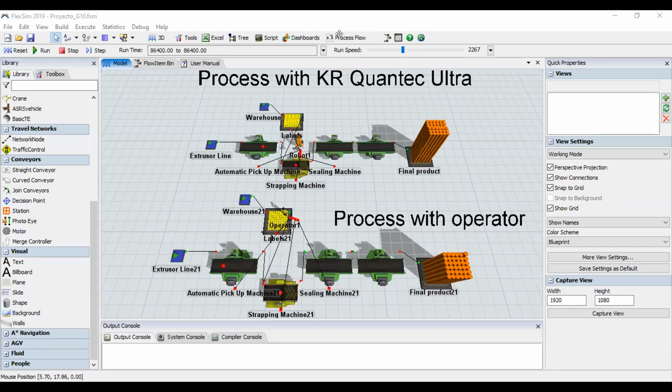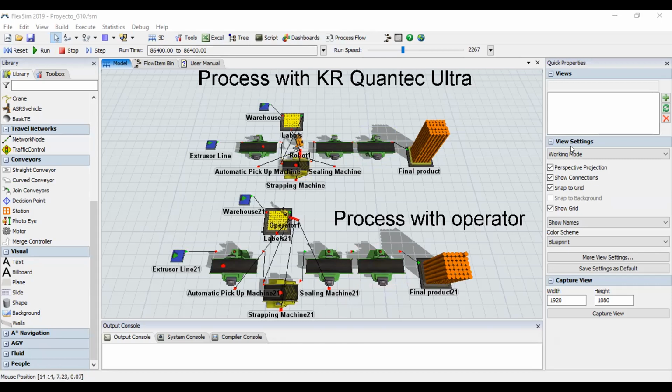As we can see, this is the comparison of the process with QR Quantec Ultra and the process with operator.